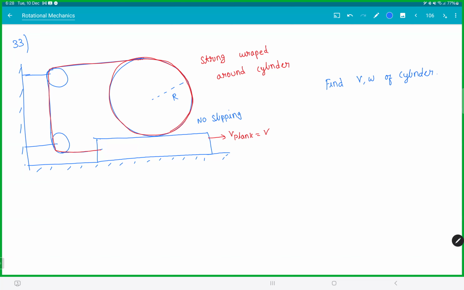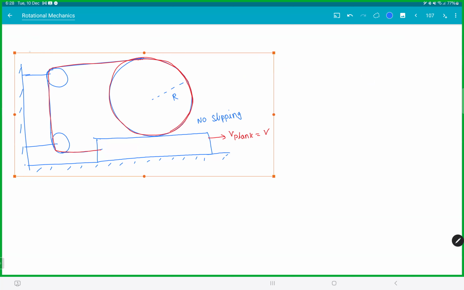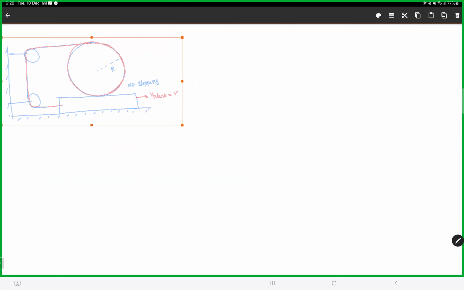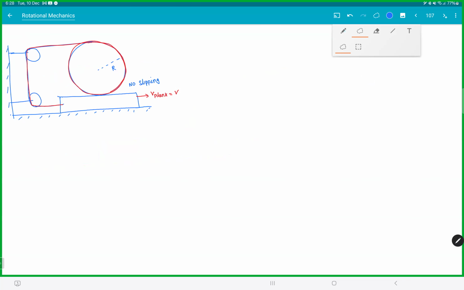Okay, let's see. So take the cylinder, take the plank.